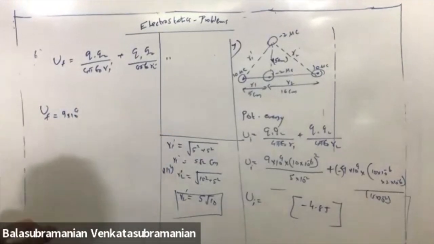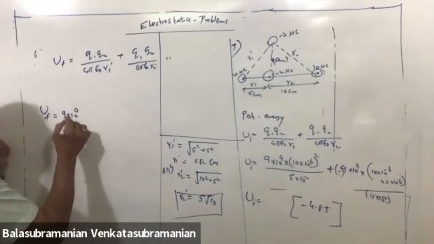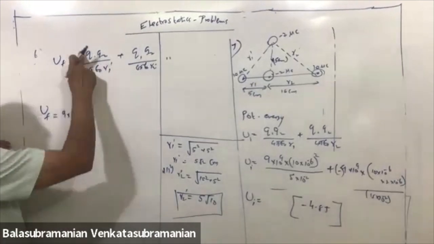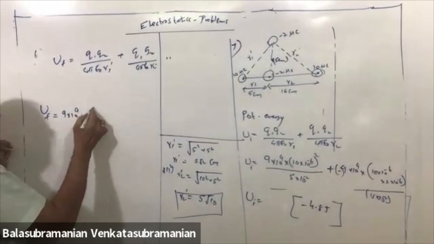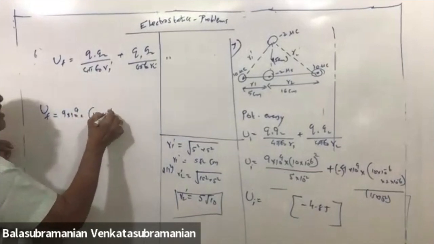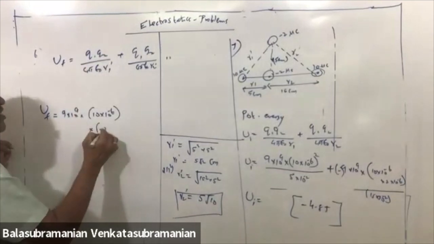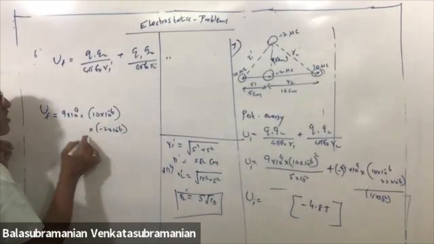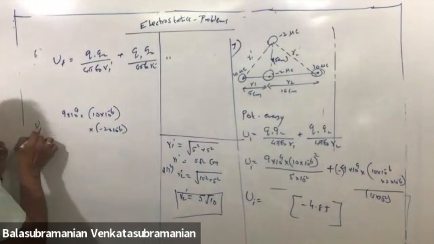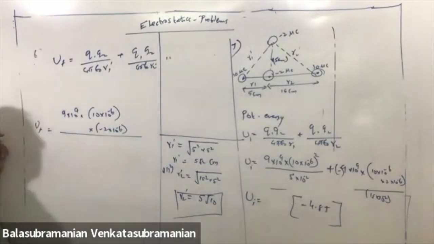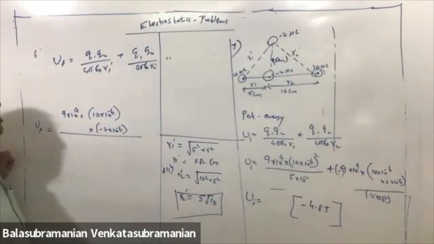R1 dash, R2 dash, you substitute. 1 by 4 pi epsilon naught, Q1, 10 into 10 power minus 6. Next, Q2, minus 2 into 10 power minus 6. What else?